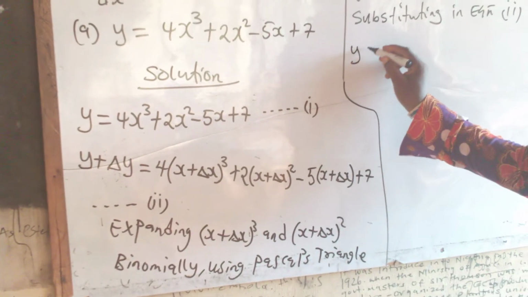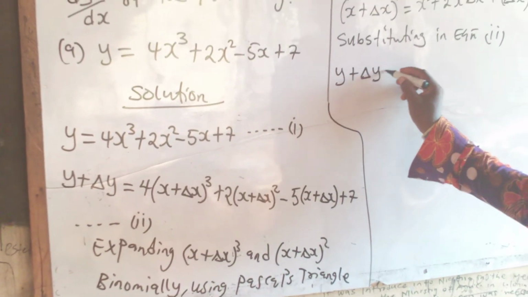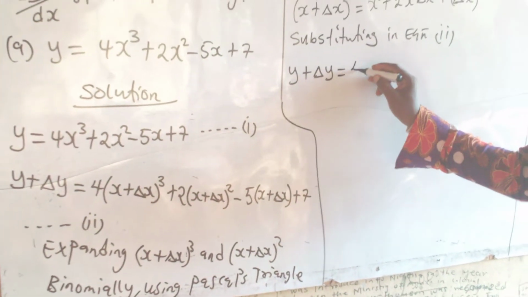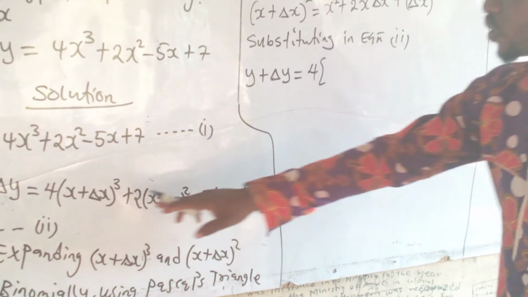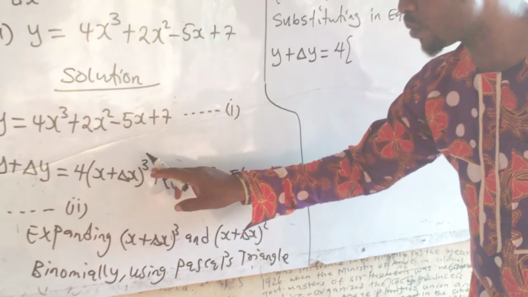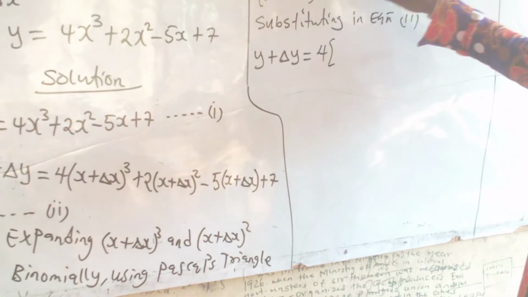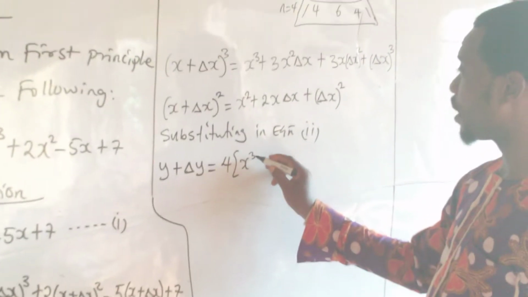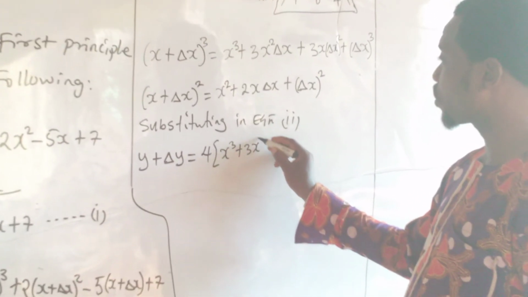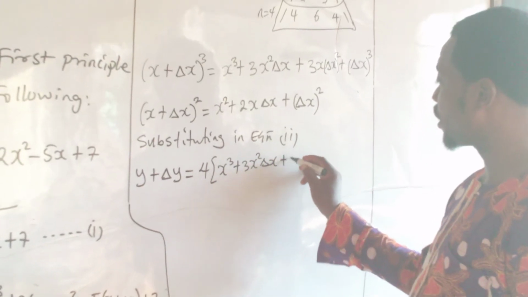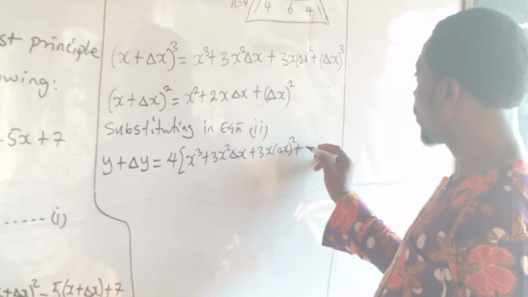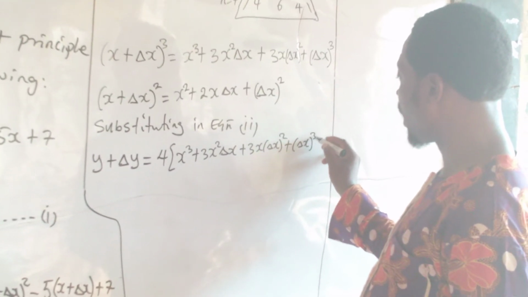You write y plus change in y will be equal to 4 into. So instead of saying s plus change in s raised to the power 3, we are going to now write this. So when you write it, you have s raised to the power 3 plus 3s squared change in s plus 3s into change in s raised to the power 2 plus change in s raised to the power 3. So we are through with this one.